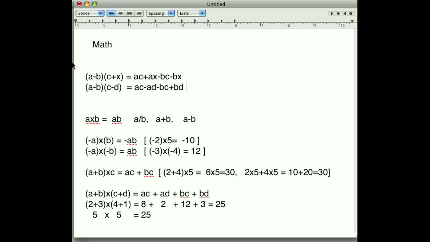And to convince you, let's do an arithmetic example with numbers. So let's do 3 minus 2 times 5 minus 3. And let's do it first this way, and then we'll do it just simply by calculating the values here and multiplying, and we'll see if we get the same result.